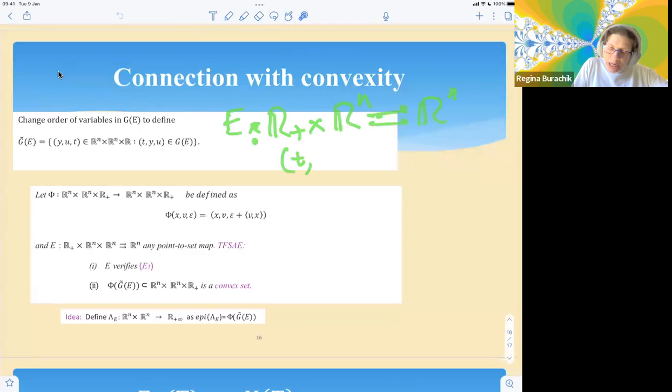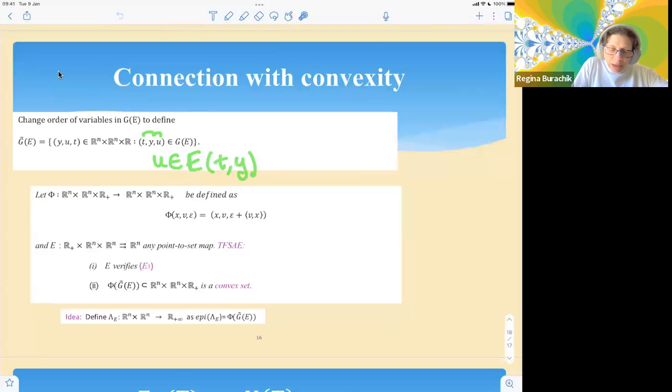Therefore, in the domain, we have x, t x, and we go to E of t x, right? So this means that t x comes first. In general, I will have t by u, where u belongs to E of t y, right? But I want to have t in the last coordinate because we want to generate an epigraph of some convex function. So we just define g tilde by putting t at the end.